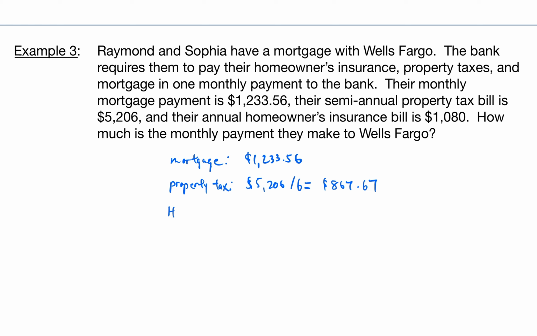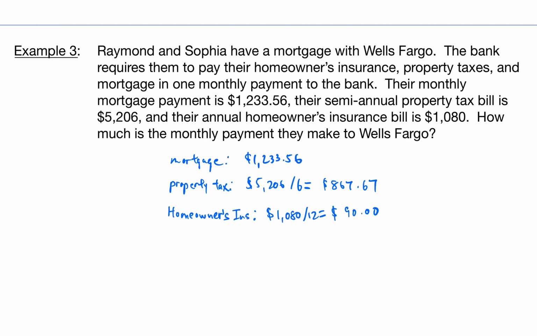And then lastly, homeowners insurance, and that is going to be $1,080, and that's going to be divided by 12 months, and that works out to $90 a month.